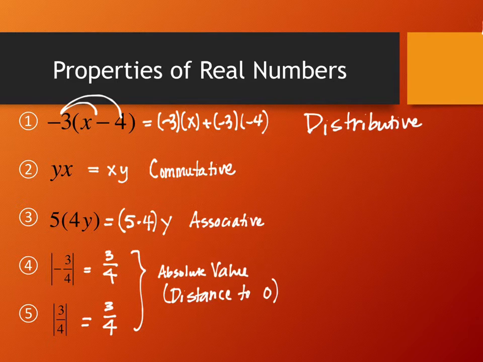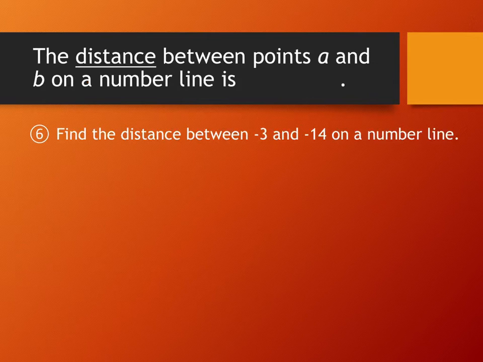All right, so continuing that idea about distance, not only can we measure the distance back to 0, we can also measure the distance between other values. So the distance between points A and B on a number line is actually A minus B. Just subtract them.